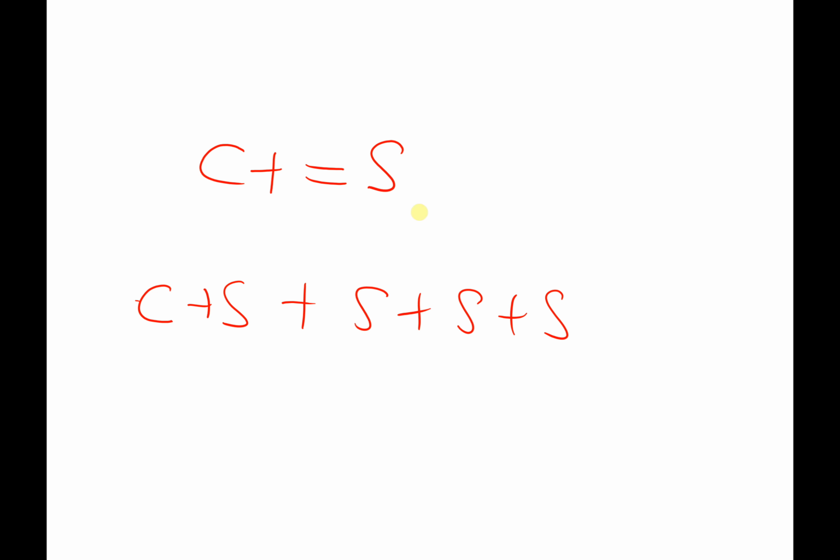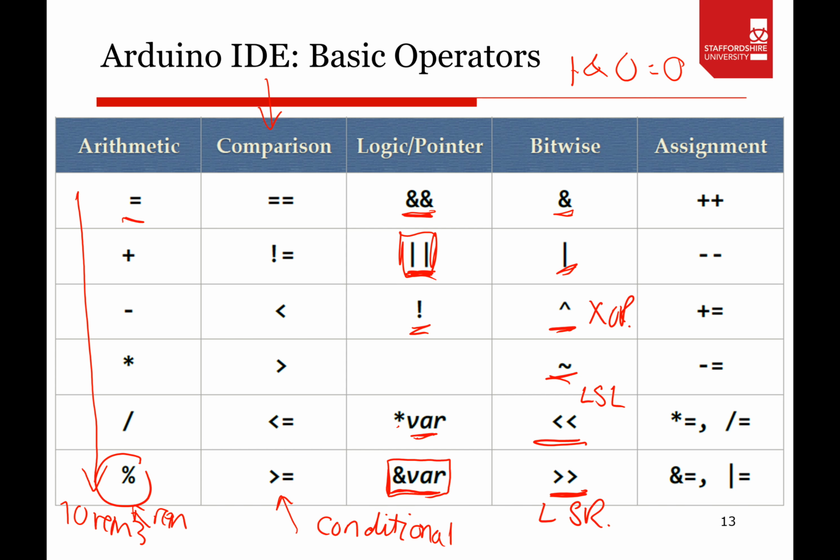If it's C plus equals 5, then C would be C plus 5, and then next time add another 5, add another 5, and add another 5, so whatever the number is. Same way, minus equals, multiply by, divide by, and equals, so logical and, logical or. So replace the thing on the left hand side with the new value from the right hand side.